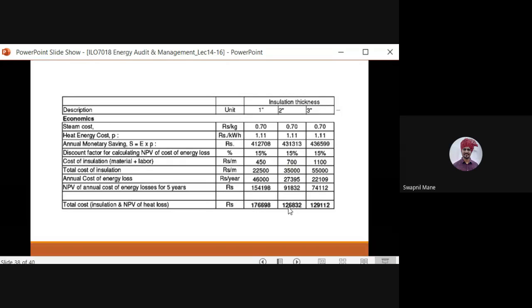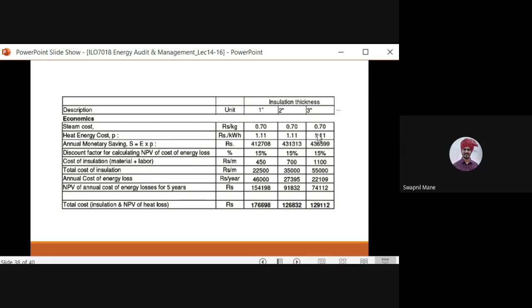You see that the lowest value is obtained for 2 inch of insulation. So the optimum value of energy savings is not reached as the insulation thickness goes on increasing; the price goes on decreasing.